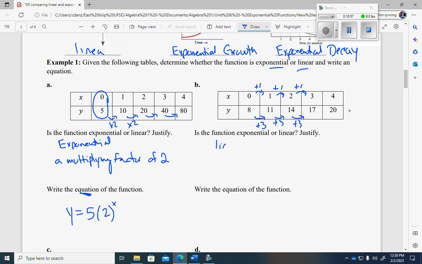So this is linear because there's a constant rate of change of 3 over 1. So if I write the equation in y equals mx plus b form, the slope is 3, and the y-intercept is right here, right where the x coordinate is 0.